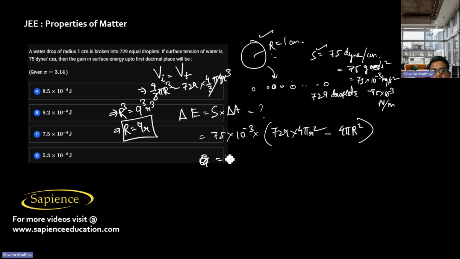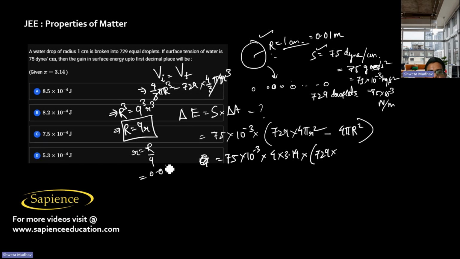So this will be equal to 75 into 10 power minus 3 into 4 pi, that is 4 into 3.14, into 729 into r square. Radius is 1 centimeter, which is 0.01 meter. R is this. r is equal to R by 9, which is 0.01 by 9 meter.